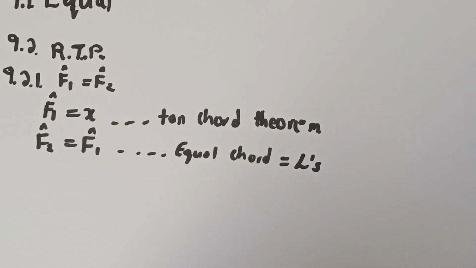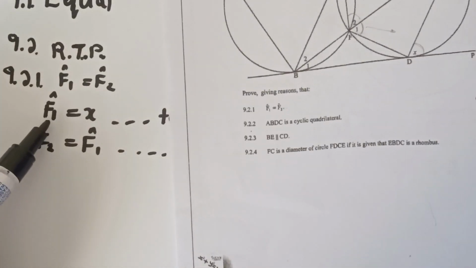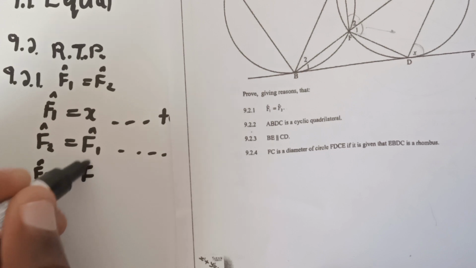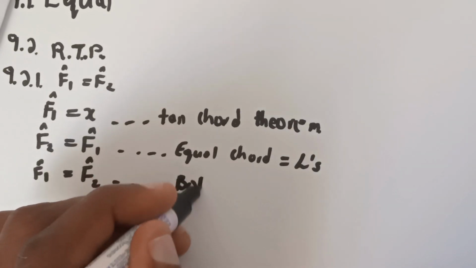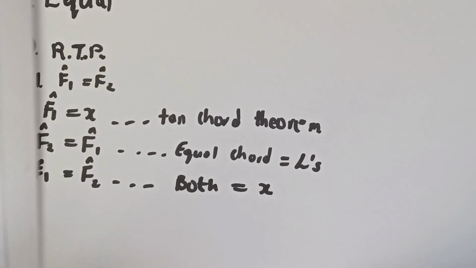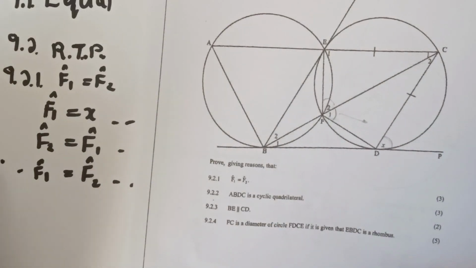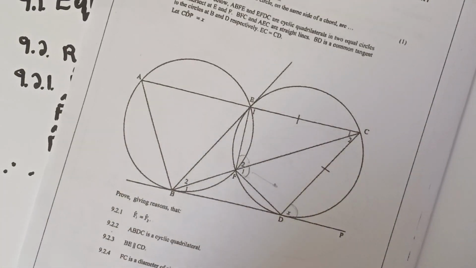Previously we said that angle F1 is equal to X, so angle F2 is also equal to X. Therefore angle F1 is equal to angle F2. I think we did prove the first question.